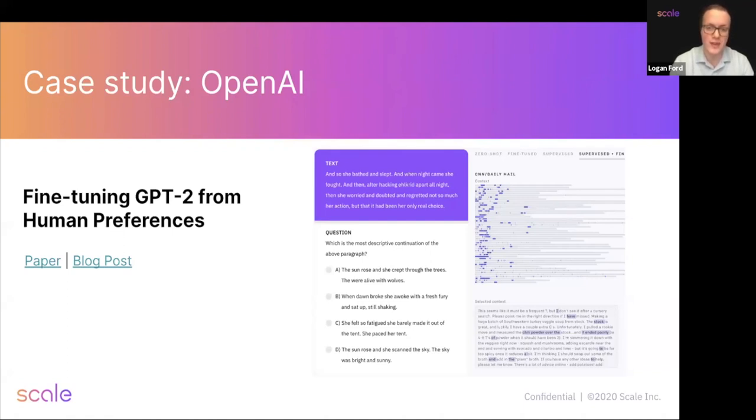So we can look at, for example, a piece of text and then choose which summary is most descriptive of this paragraph or is the most descriptive continuation. Definitely check out that other blog post where we dig into detail on making use of benchmarks for tasker evaluation at very large scale. But this is an example of a categorization project where benchmarks are very handy for measuring quality.